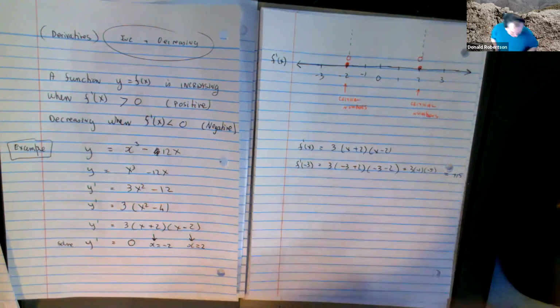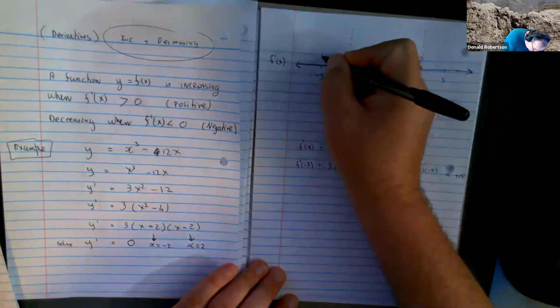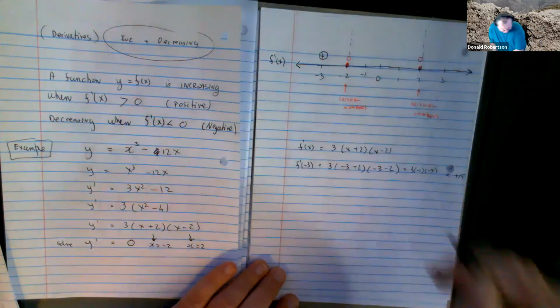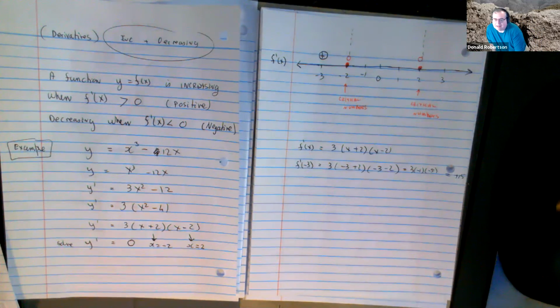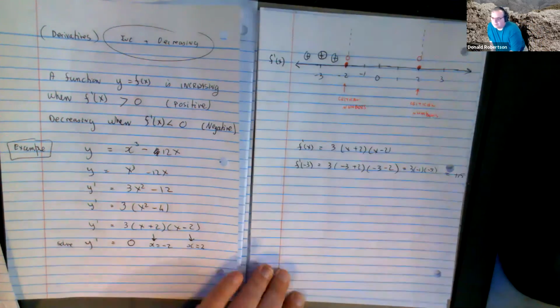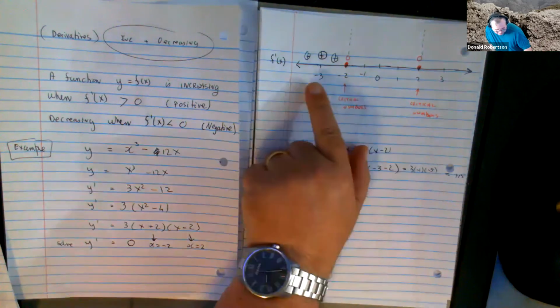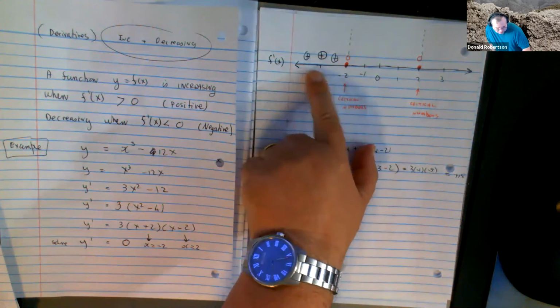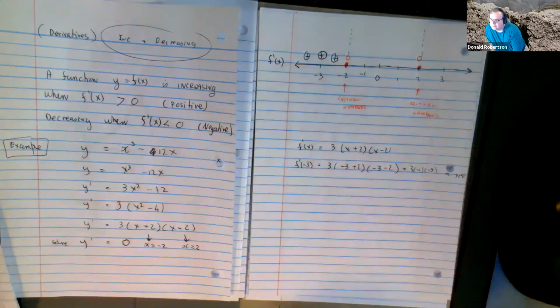Yeah, positive 15. That guy is positive there. And here's the clever part. So's everybody else. So my function is increasing for any value of x that's less than -2.